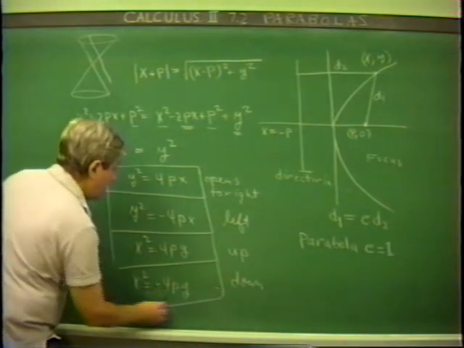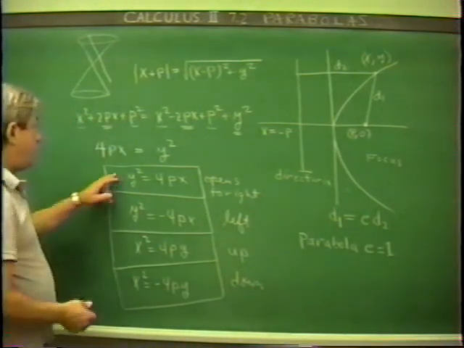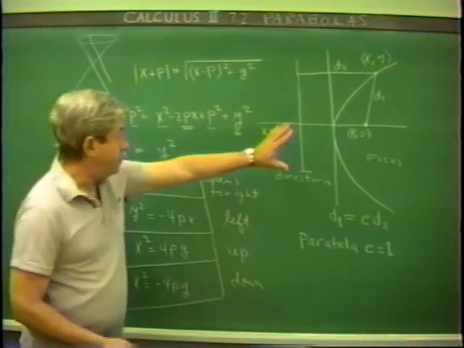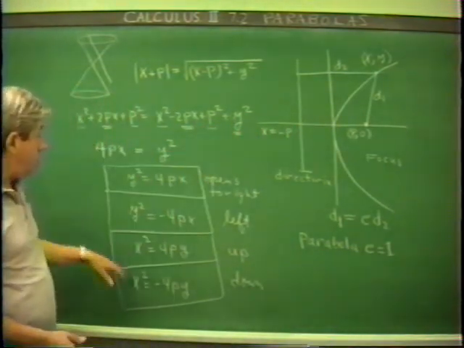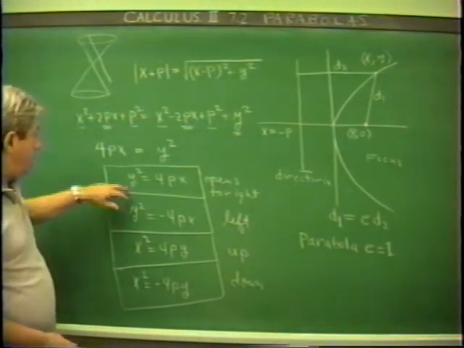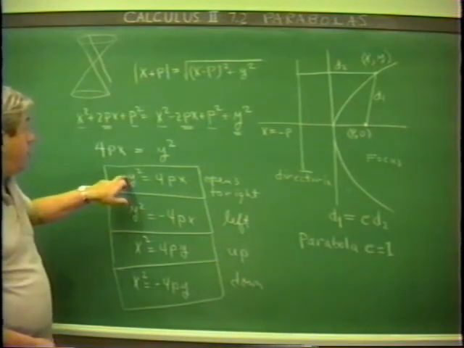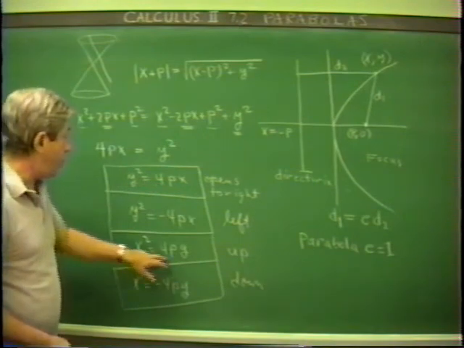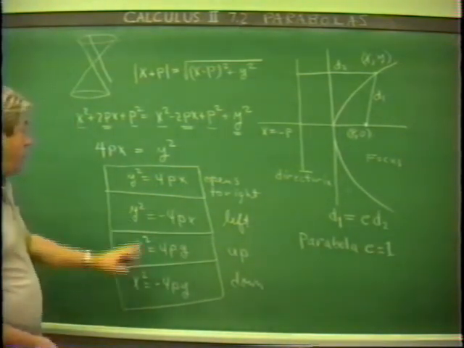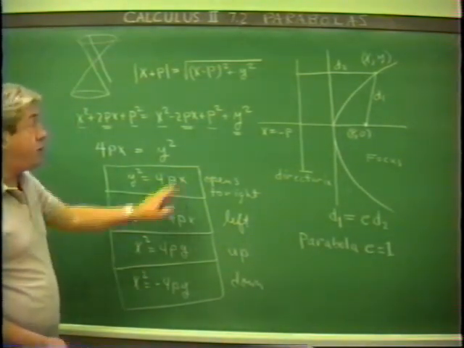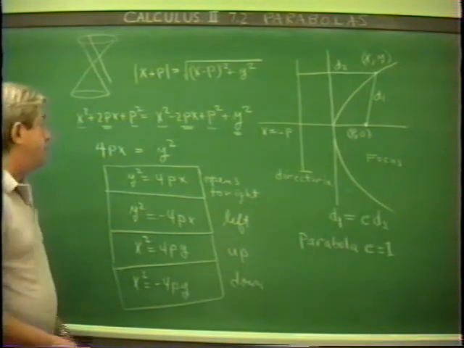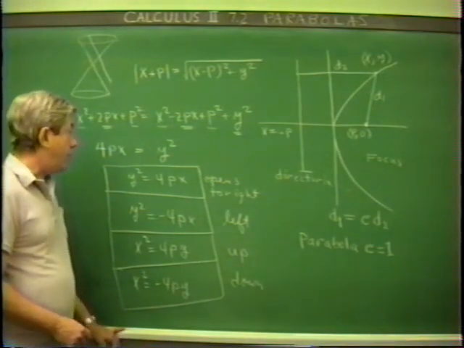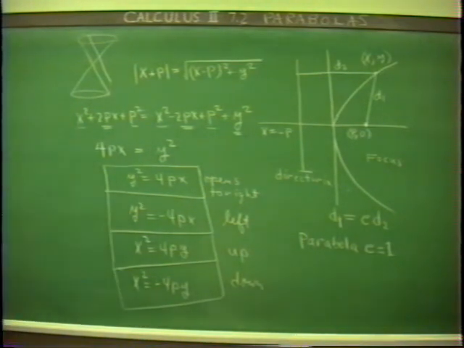So these are equations now for parabolas opening basically to the right, left, up, and down. The equation is of the form x squared is 4px, y squared is 4px, or x squared is 4py, and when you've got one like this, you can always find out what p is. We'll take a look at how to graph these.